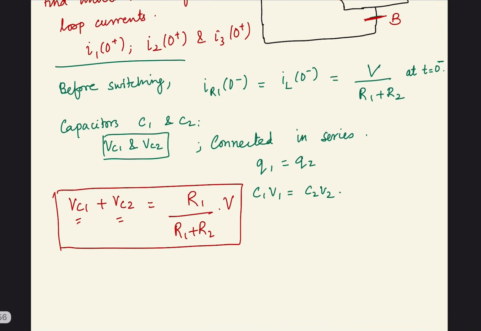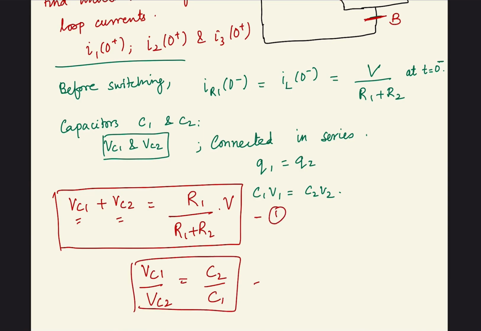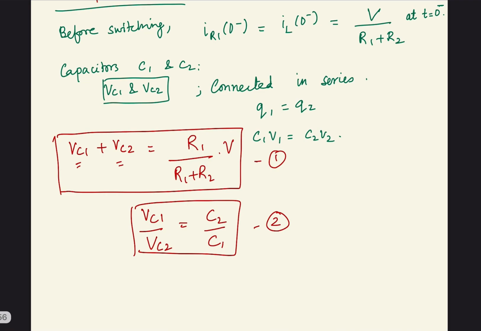so now we know that VC1 by VC2 is like this, C2 by C1. Okay, so using this equation number 1 and equation number 2, we can find out the values.